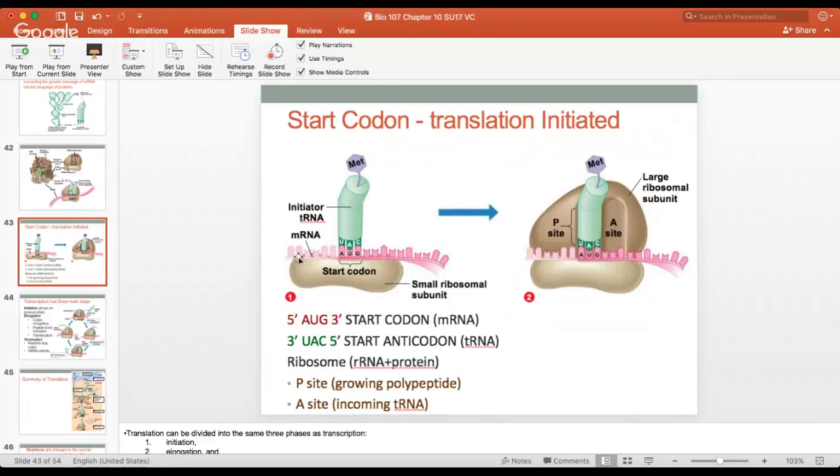In order to translate an mRNA, you have to use tRNAs, these transfer RNAs, that have an anticodon portion of them. So what we could ask is, okay, if a codon is AUG, what would the anticodon be? Or if the anticodon is UAC, what would the codon be?